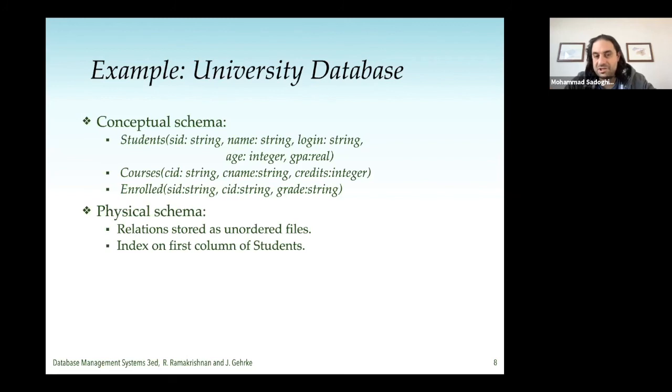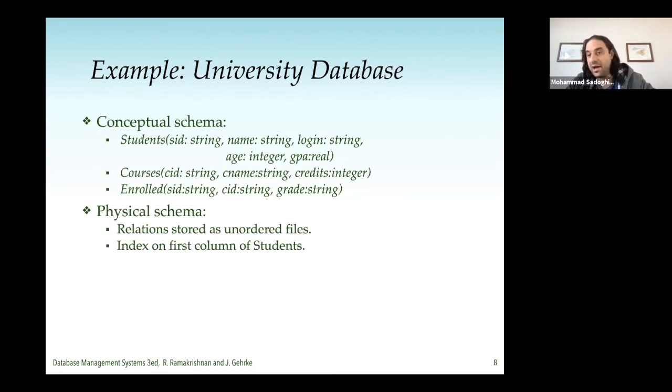But a relation is nothing but just another table. And relations are often stored as just unordered files. So at the basic level, the database does use the notion of files. And the files are unordered in the sense that when you add records to the table, you're simply appending it, could be just appending it to the end of the file.